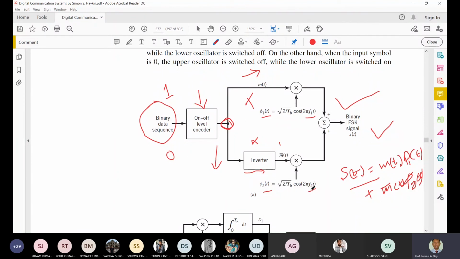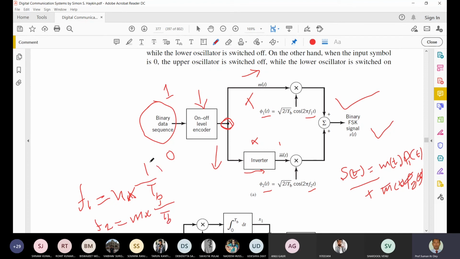That means we require two oscillators for generating the frequencies F1 and F2. And the F1 and F2 we generate should be integer multiples of 1 by TB. We should follow the norms. So F1 equals N times 1 by TB, and F2 equals M times 1 by TB.